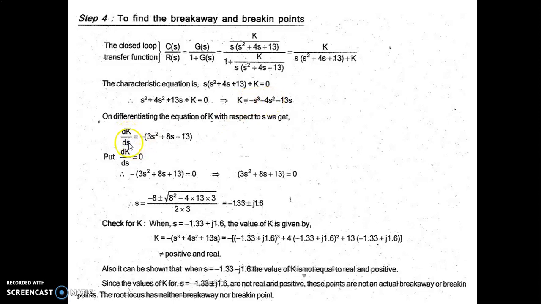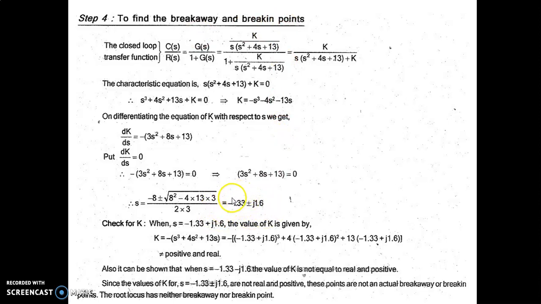So differentiate dk by ds with respect to s and equate to 0. We got two roots here, s values: minus 1.33 plus j 1.6, and another minus 1.33 minus j 1.6. Whether these breakaway or break-in points exist, we need to check. It may or may not.